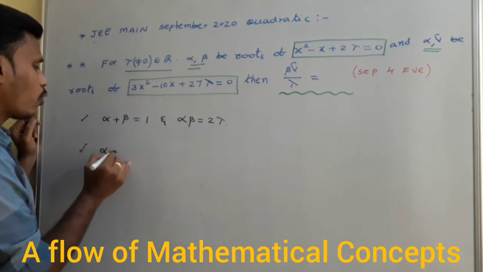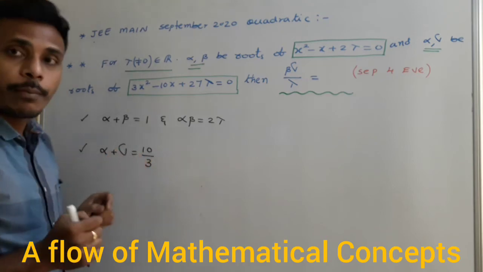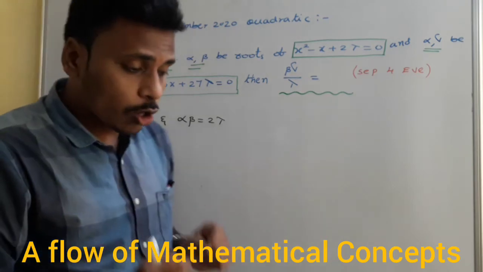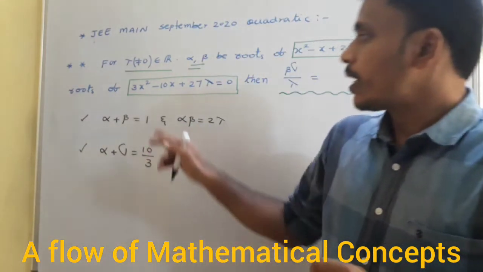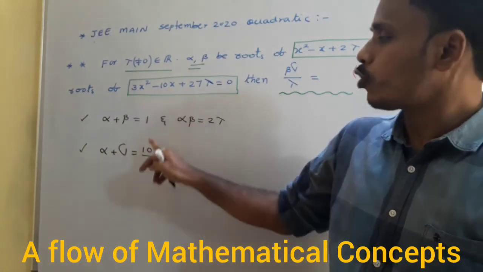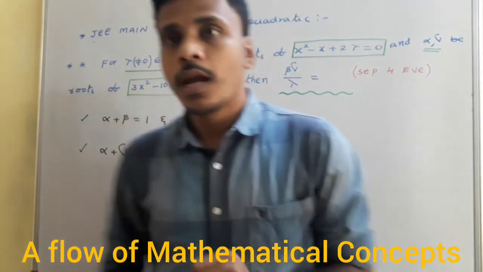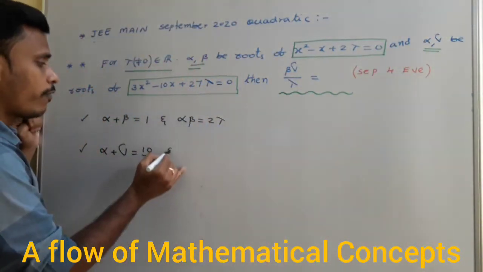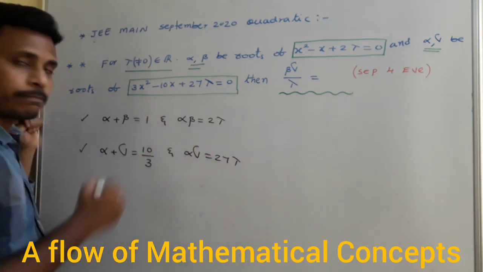Again use the sum of the roots alpha plus gamma, which is minus b by a, in the sense minus of x coefficient divided by x square coefficient. Here the x coefficient is minus 10, so minus b in the sense 10 by the x square coefficient, which is 3. And alpha into gamma, the product of the roots, is equal to 27 lambda.